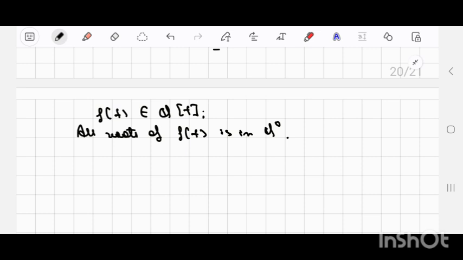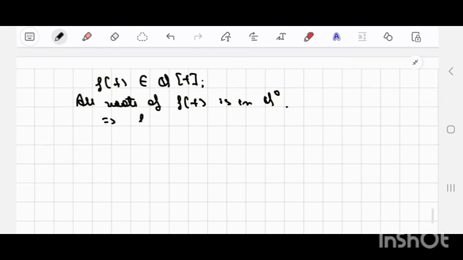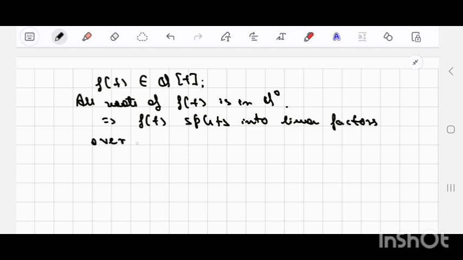Every such algebraic number is actually the root of some polynomial. So if I choose any polynomial over Q, the roots of those are algebraic numbers, so those must be in Q naught. So what does that mean? That implies f(t) splits into linear factors over Q naught. Every polynomial over Q splits into linear factors over Q naught.